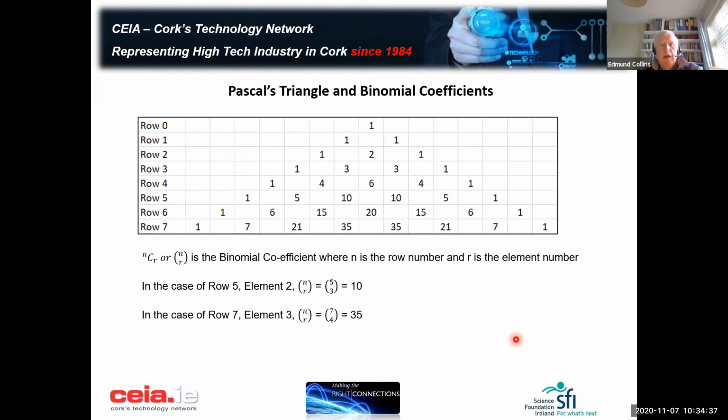Now we'll have a quick look at Pascal's triangle. Pascal was a great French mathematician and philosopher, and did a lot of work around probability, and he developed this triangle.